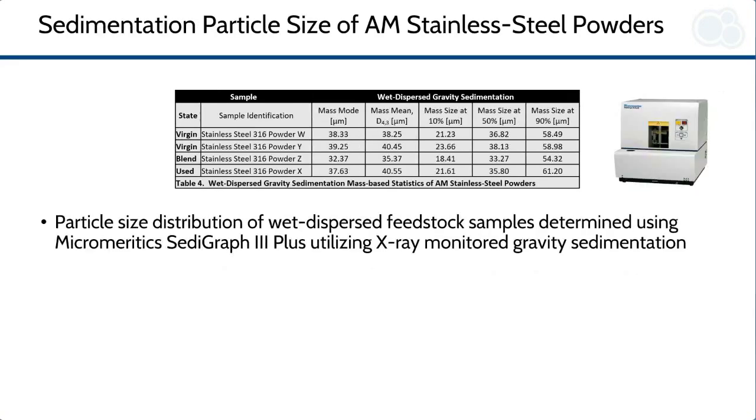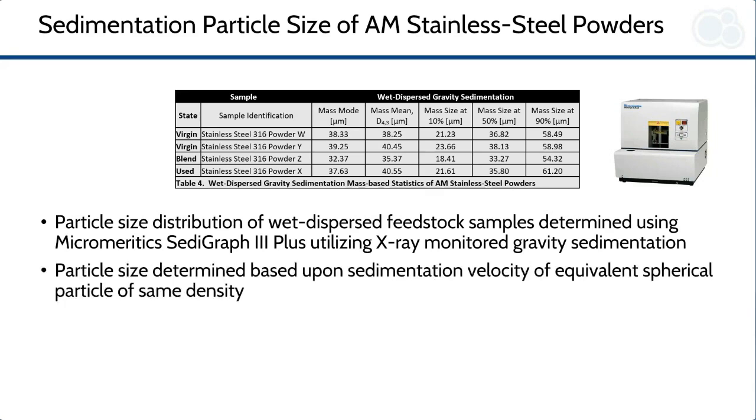The particle size distribution of the 4 powder samples as determined using a Micromeritics Sedigraph 3+ is shown here. This instrument determines a mass-based particle size distribution using X-ray monitoring of gravity sedimentation. The settling or sedimentation velocity is determined for particles and is equated to the velocity expected for a sphere of the same skeletal density.